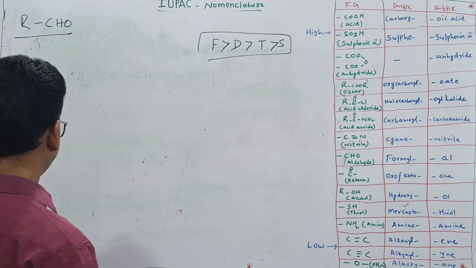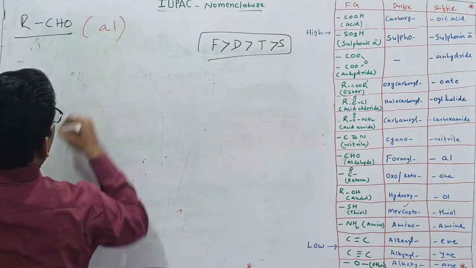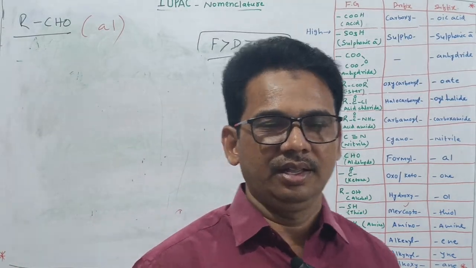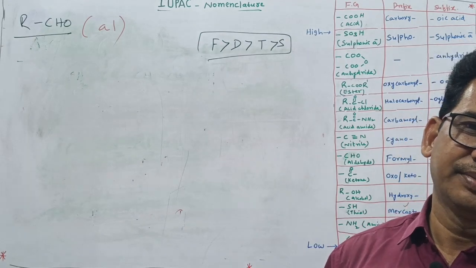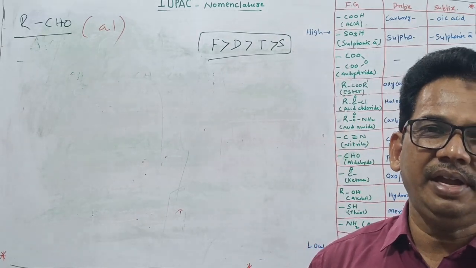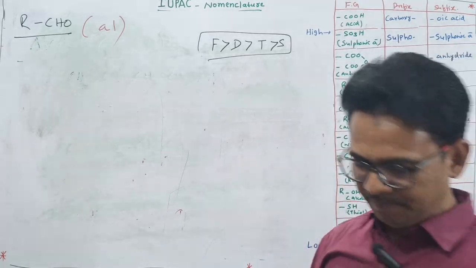Aldehyde. Then for this the suffix will come: al. See, अल्कोहल को aldehyde को क्या फर्क है? अल्कोहल में ओ रहता है, ol suffix है. aldehyde में भी suffix है लेकिन al है. Remember that.